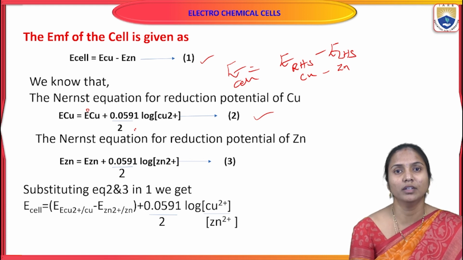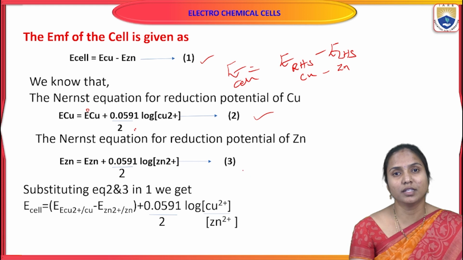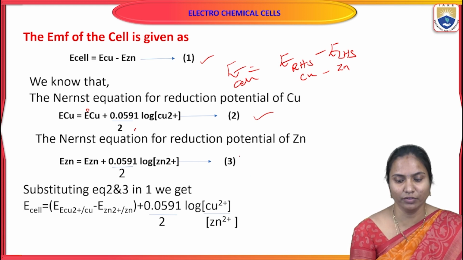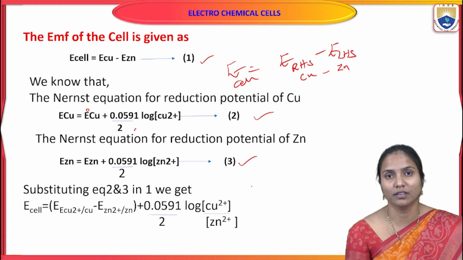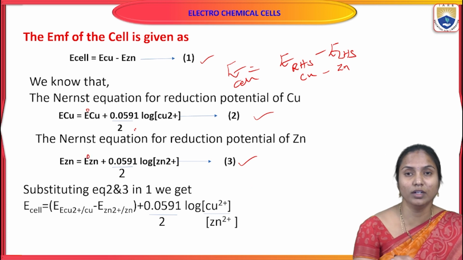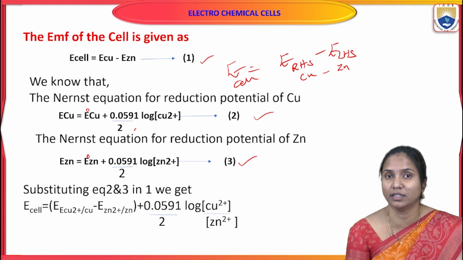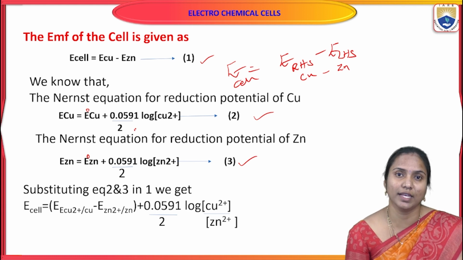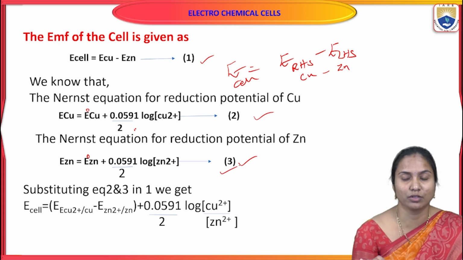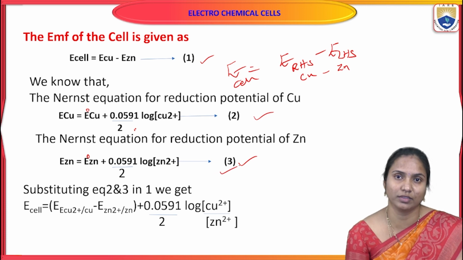This is equation number 2. Now, the Nernst equation for reduction potential of zinc. Here E zinc equals E naught zinc, the standard reduction potential of zinc, plus 0.0591 by 2 log Zn2+ ion. This is equation number 3.